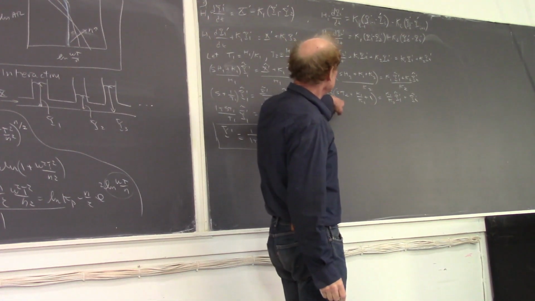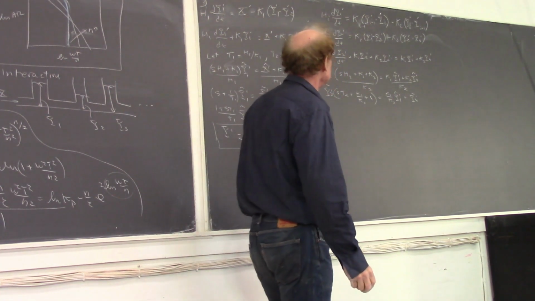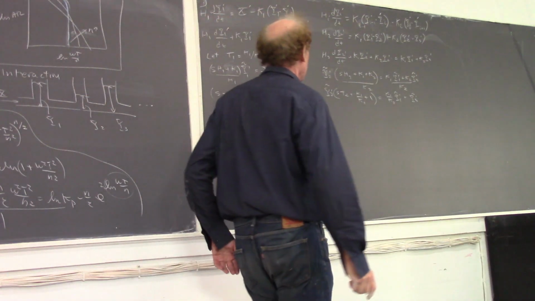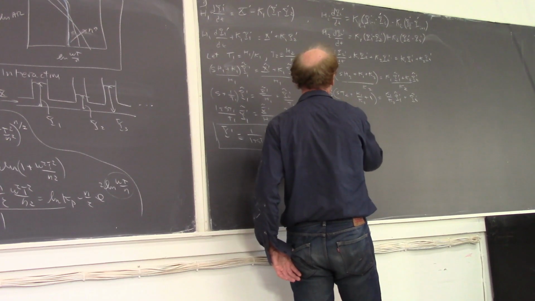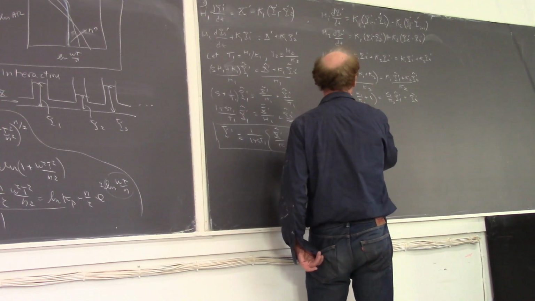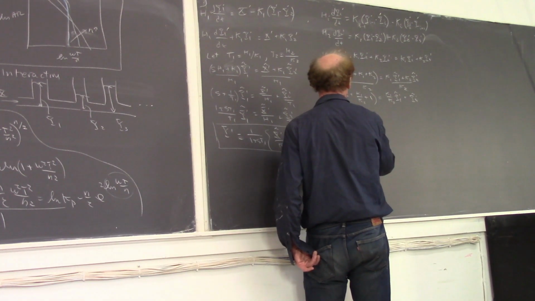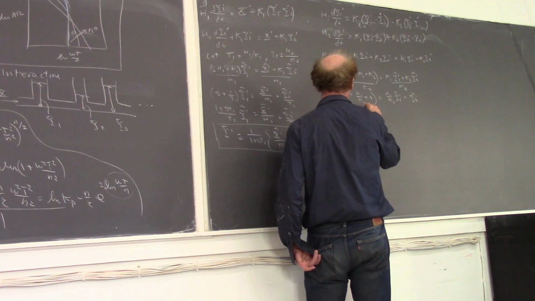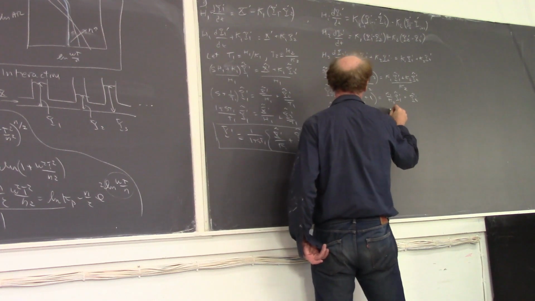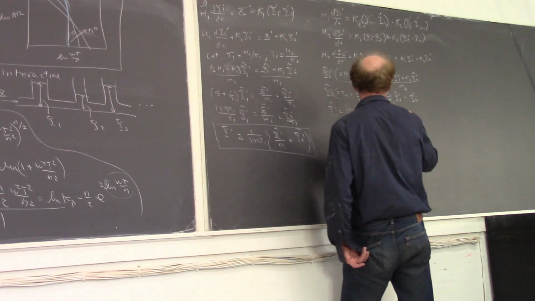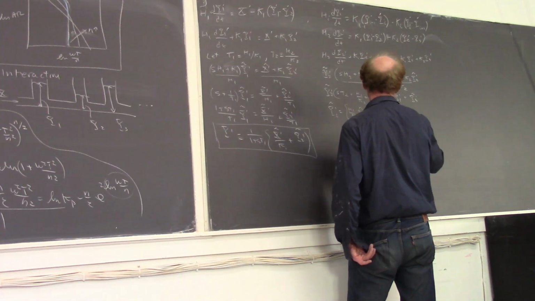So I have 1 plus s T2. And now I divide this out, and I have y2 prime tilde is equal to (k1 over k2 y1 prime tilde plus y3 prime tilde) divided by (1 plus k1 over k2 plus sT2).